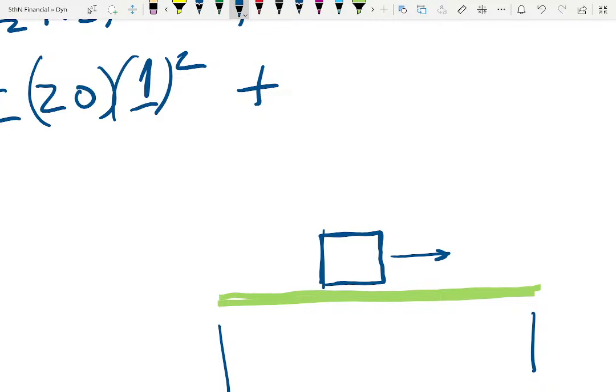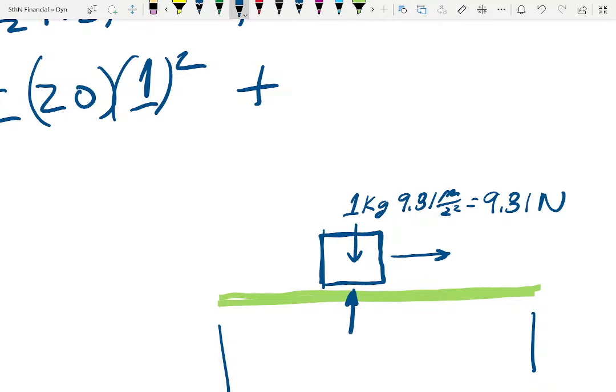What is the force then? Oh, and it's 1 kilogram times 9.81 meters per second squared, or 9.81 newtons heavy. So that's the weight of it.